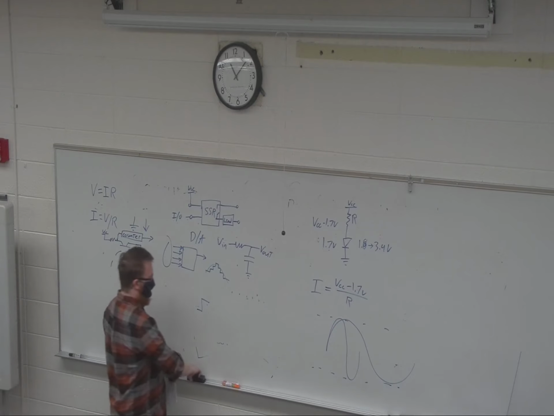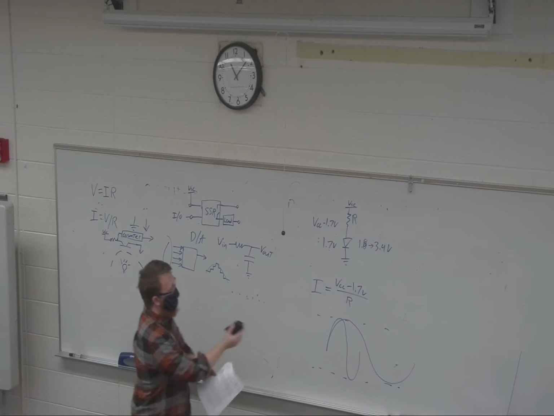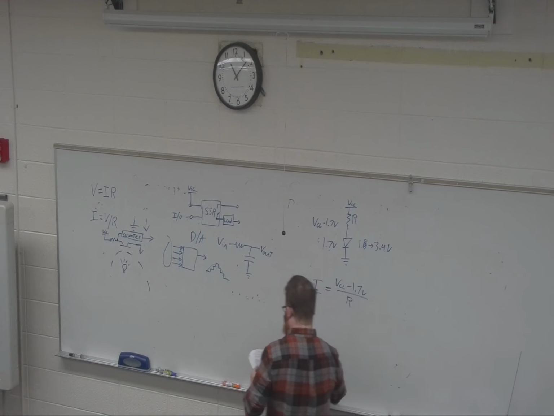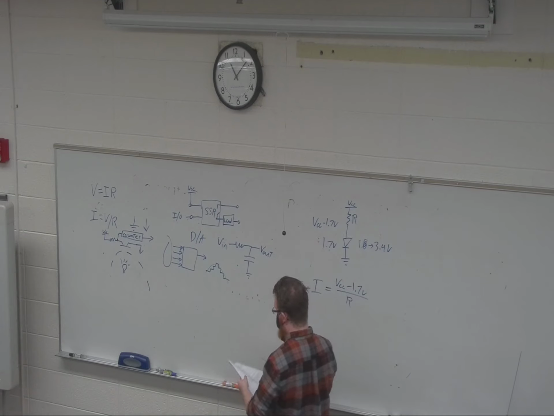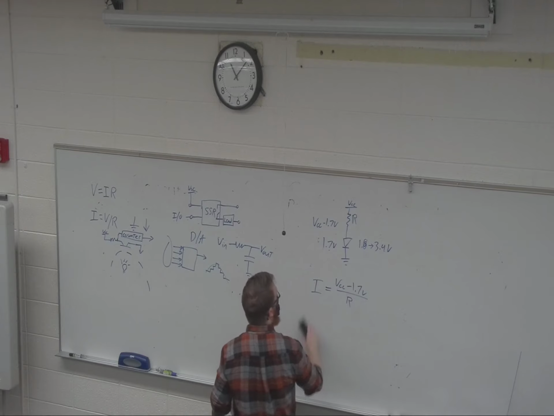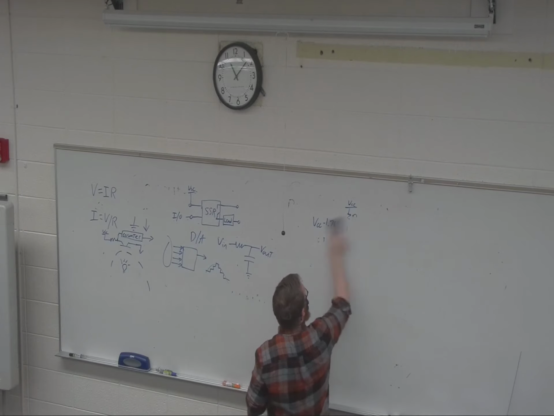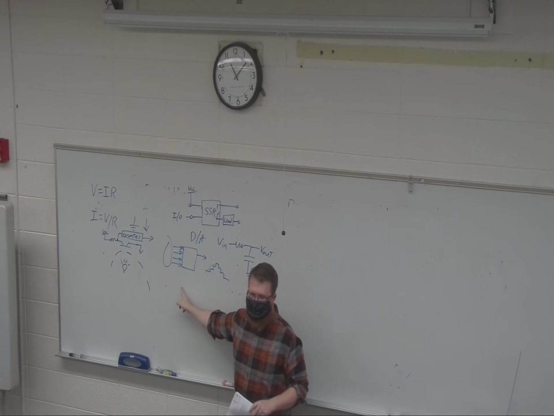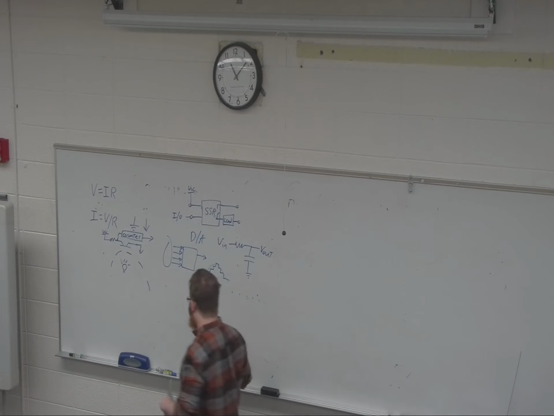Something that the book says is outside the scope of this class that I think is really interesting, because it's my wheelhouse, is how do you make a digital to analog converter. They're actually really simple.